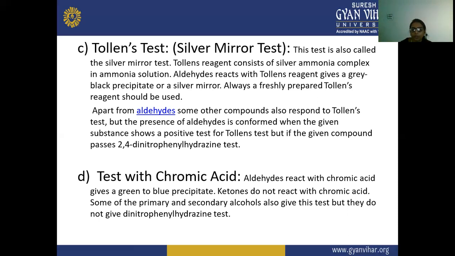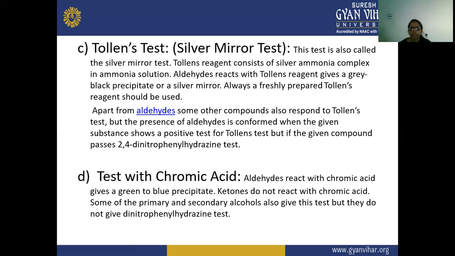Then the test with chromic acid. Here the aldehyde reacts with the chromic acid and gives a green to blue precipitate. The ketones do not react with chromic acid.